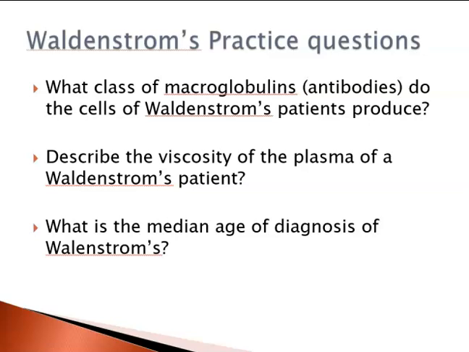Second question, describe the viscosity of the plasma for a Waldenstrom patient. The patient would have thicker blood, or hyperviscosity. Number 3, what is the median age for diagnosis for a patient with Waldenstrom's disease? The median age would be 64.